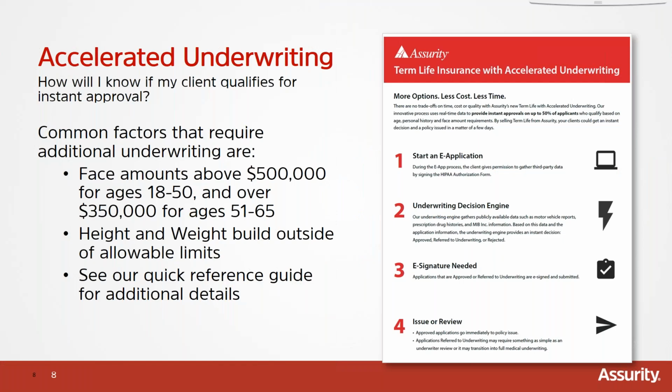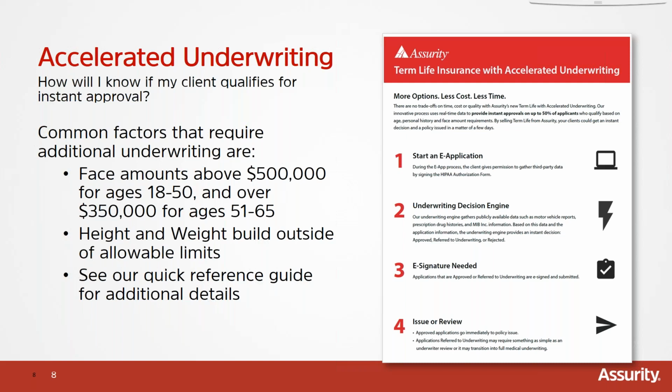So here's a little bit about how the process works. It's just a 4-step, really easy process. So again, the face amounts are there. The height and weight need to be inside the allowable limits. So you'll start an e-application, and we'll get that HIPAA authorization from them.